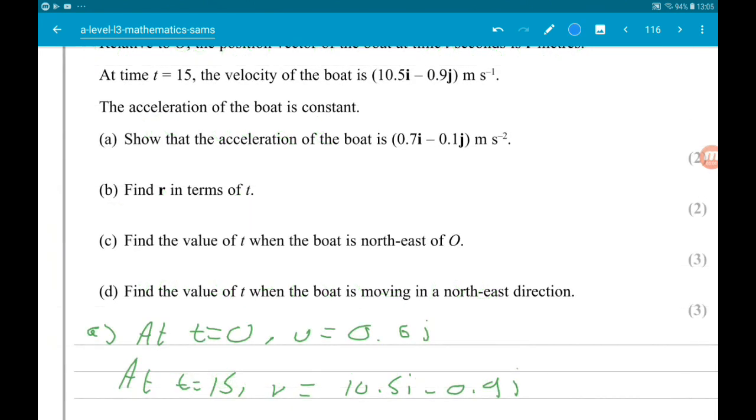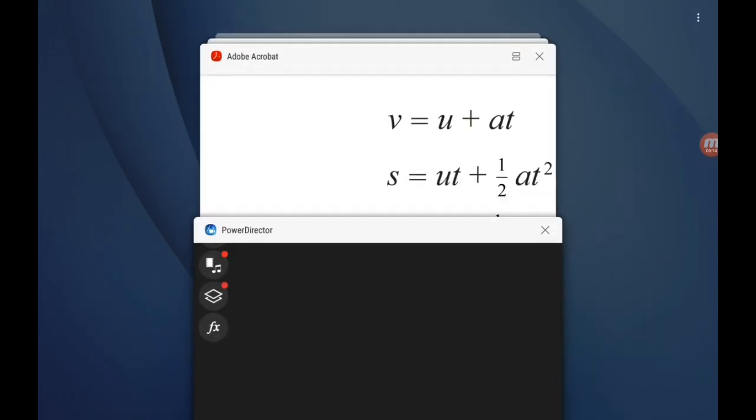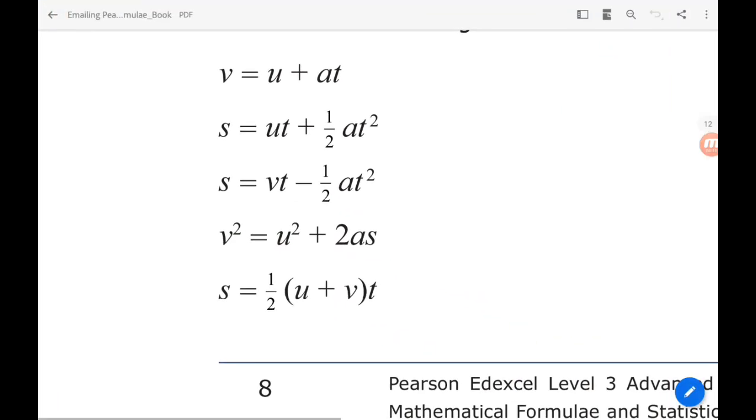But B wants us to find R in terms of t. So R essentially is displacement. So if we look at that, we can use S is equal to ut add 1/2 at squared, except S is R.